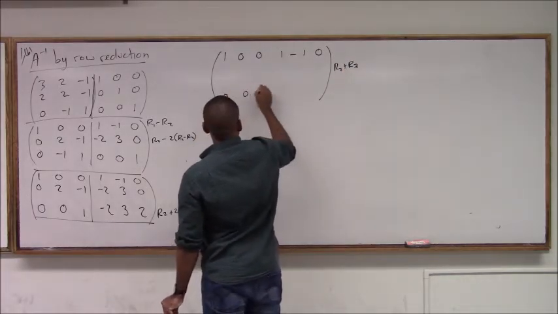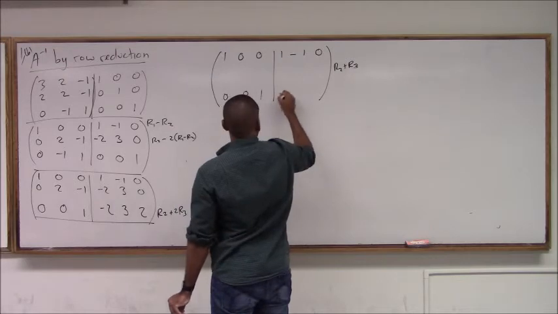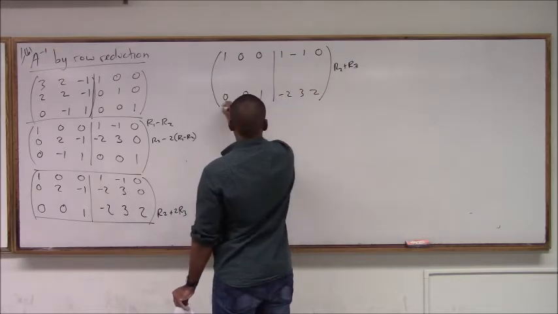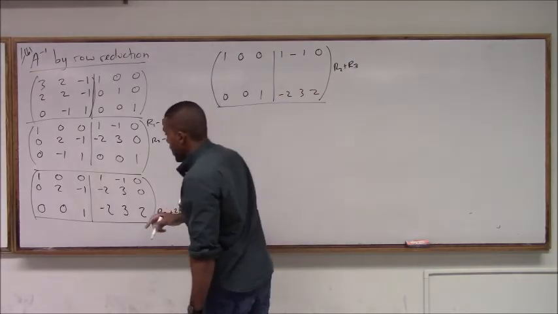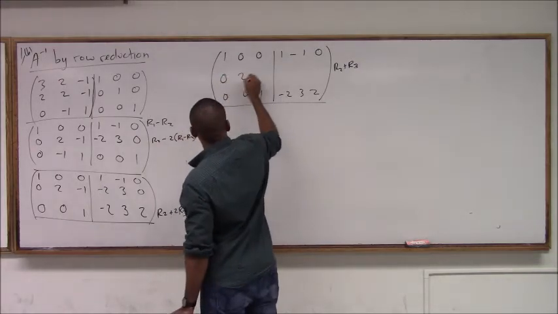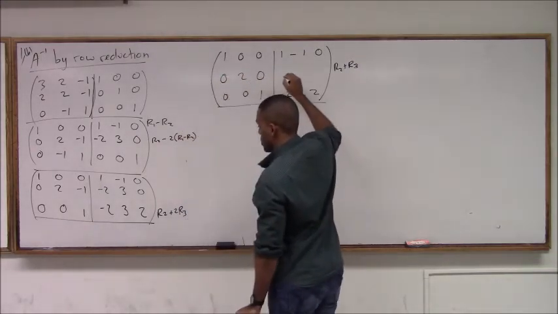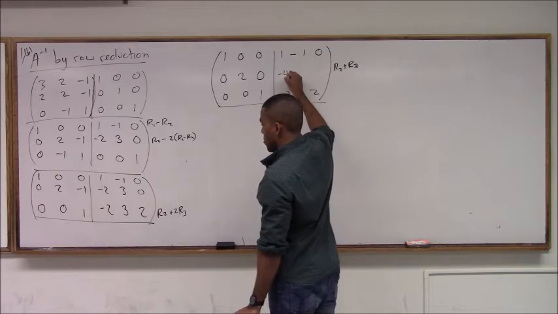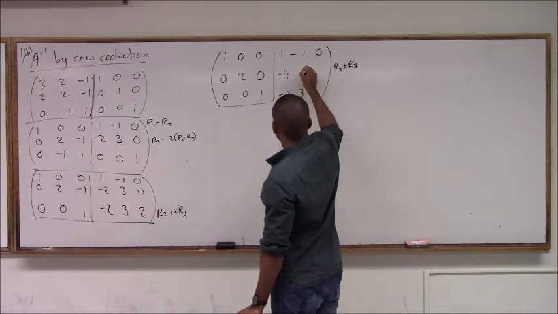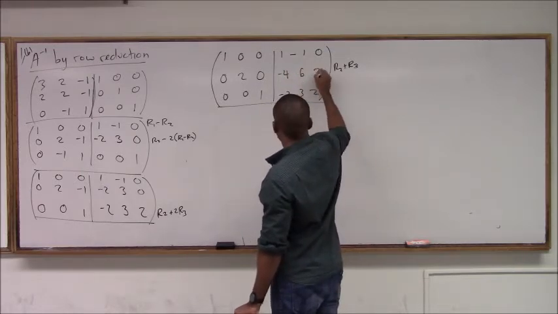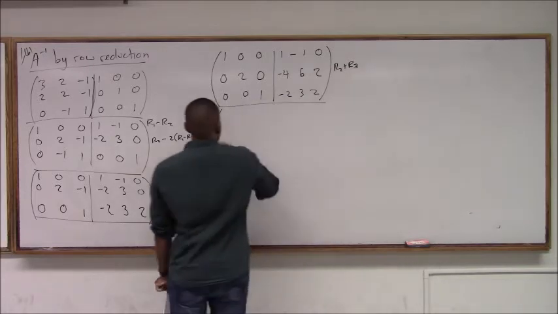Leave the last row. If I add these two, I would get 0, 2, 0, minus 4, 6, 2. So one last step.